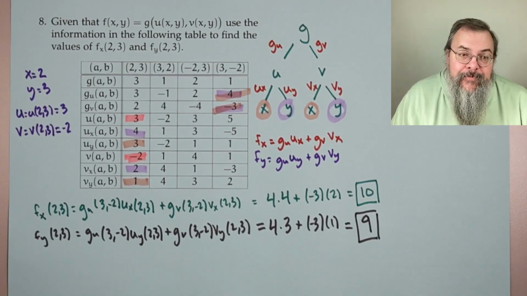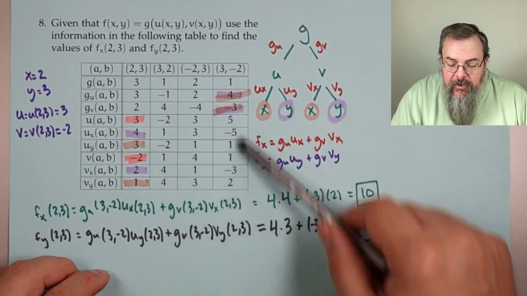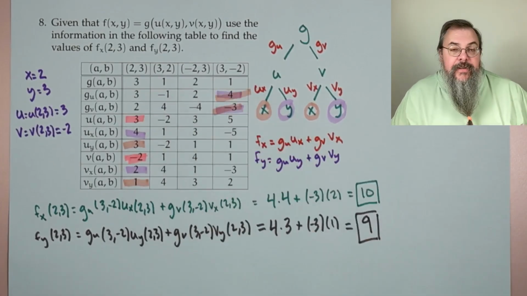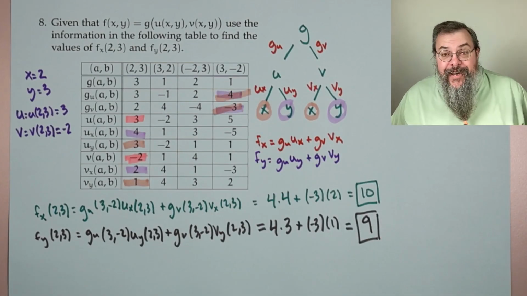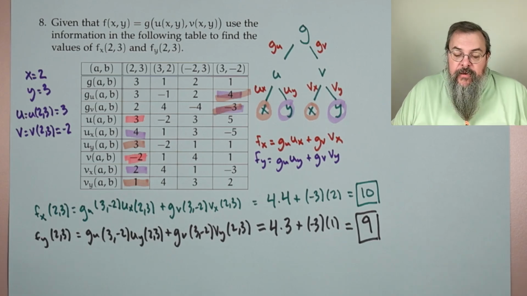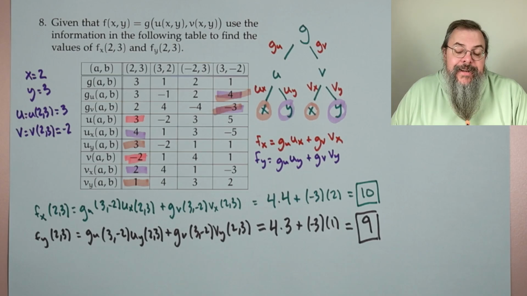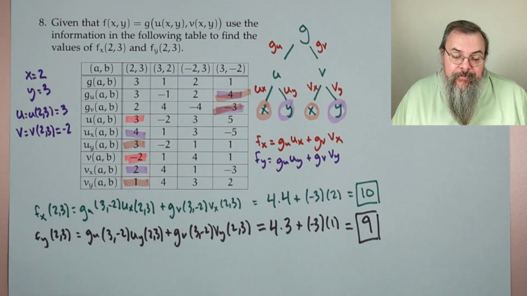We're done. Notice we didn't touch anything here or here or here or that. There's a lot of stuff we didn't touch, and that's the point of this problem. This problem is testing you on: do you know what information you need, and can you extract it?